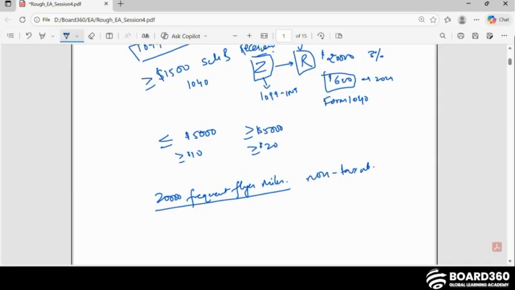But rewards from a debit card purchase or credit card purchase will not be considered taxable. That will be considered non-taxable income, right?